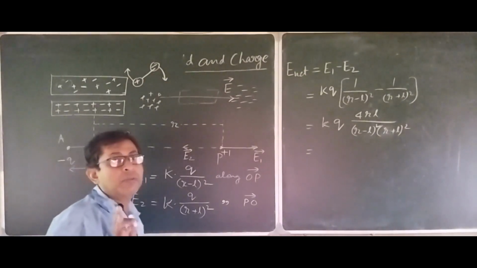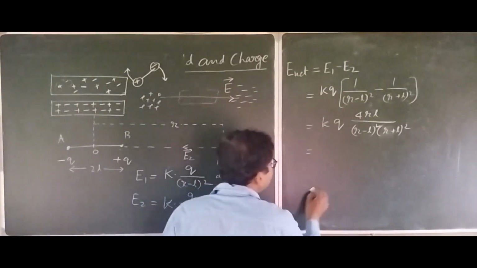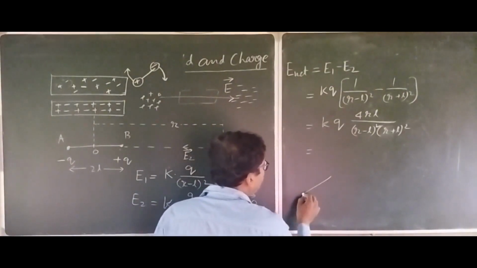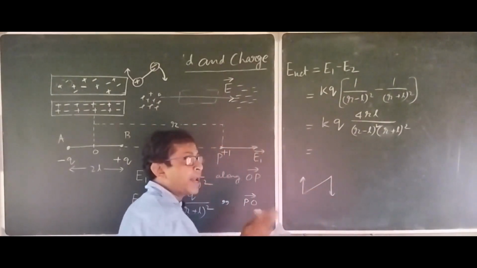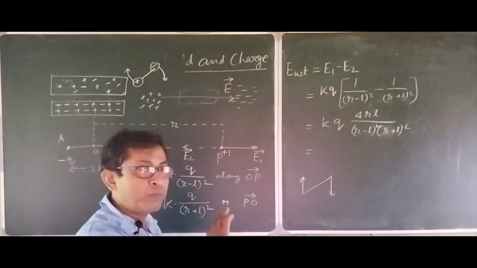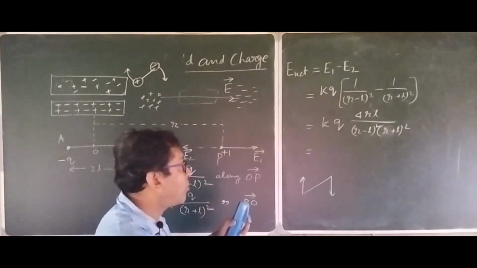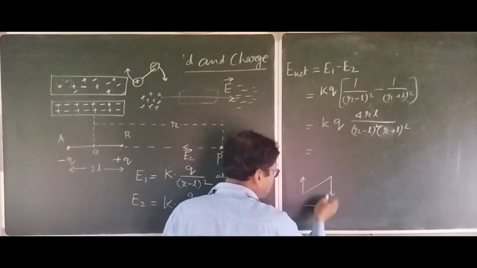We know moment of a force is what? Suppose there is a rod, and when you apply a force like this and a force like this, these two parallel but oppositely directed forces produce a tendency of rotation inside that rod, which makes the rod rotate like this.